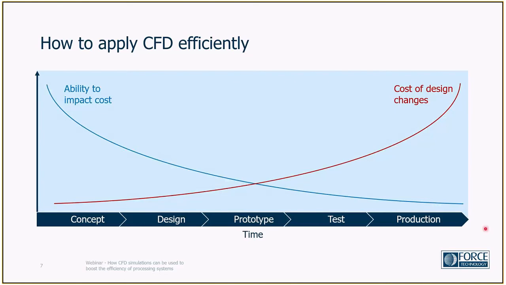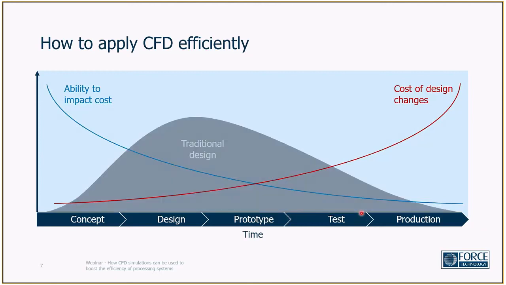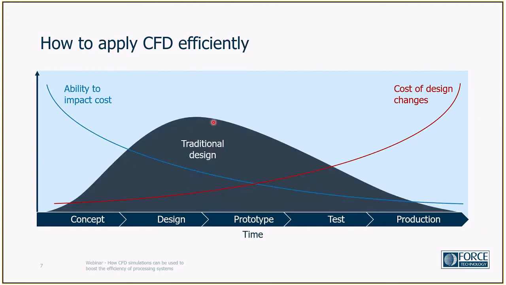So if we now take a look at the effort that we usually put into traditional design, we can see that it's more or less spread over time, but it reaches a peak around the design and prototype phase.